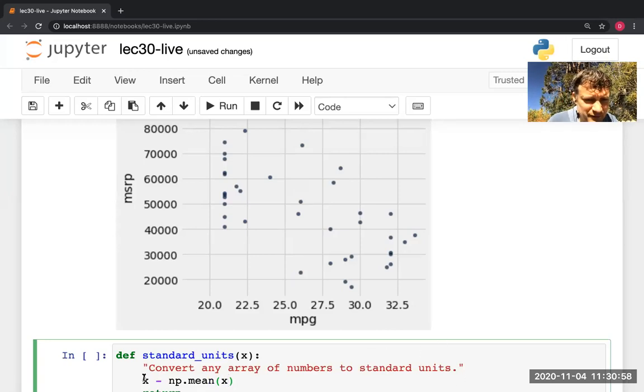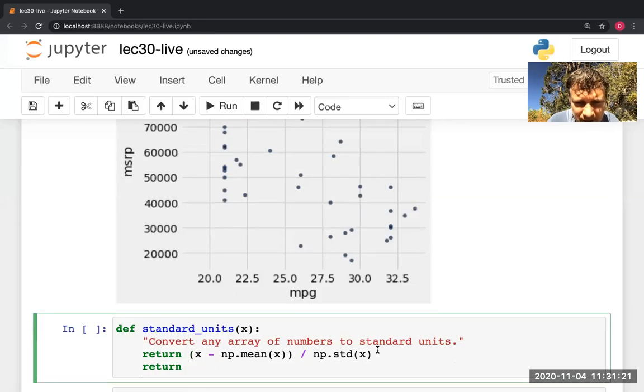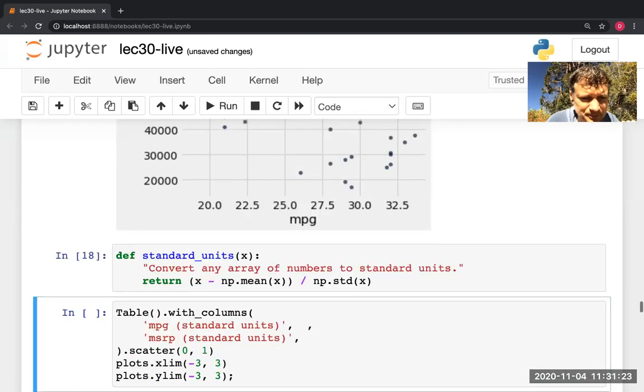So they're now centered around 0. And then I divide by the standard deviation of those values. And that kind of squishes them together so that values that are 1 standard deviation above the mean become +1. Values that are 1 standard deviation below the mean become -1. Values that are exactly at the mean become 0, and so on. And that will convert an array of numbers into standard units.